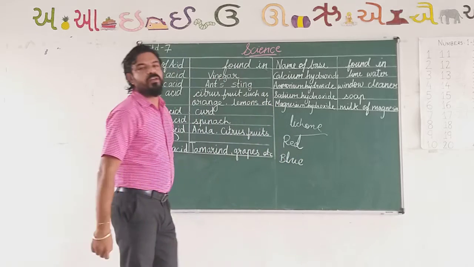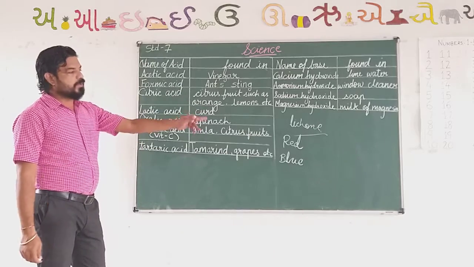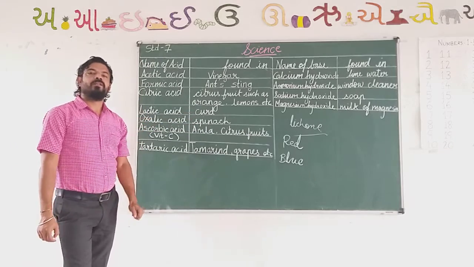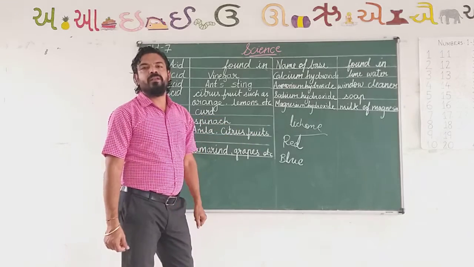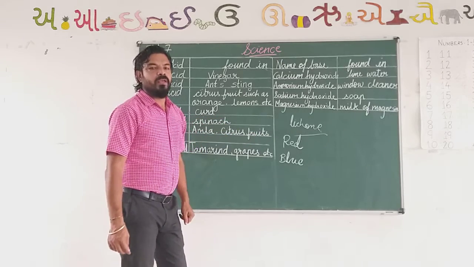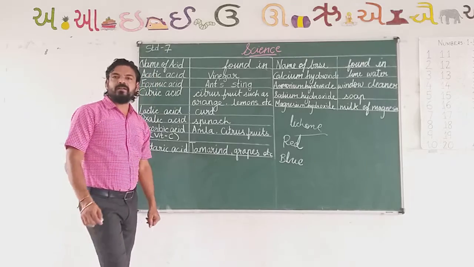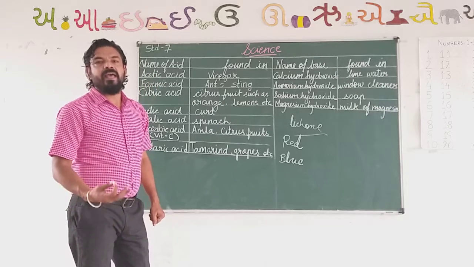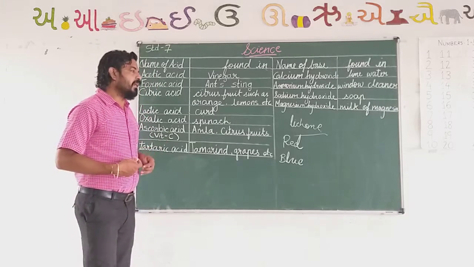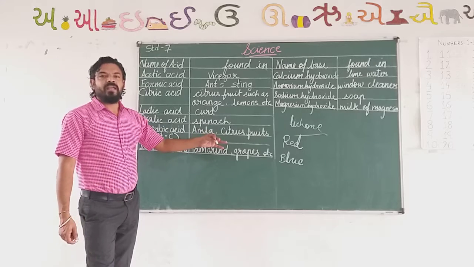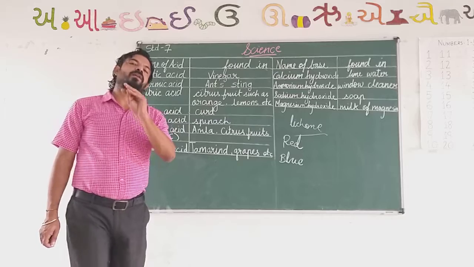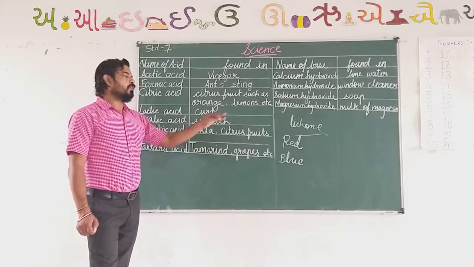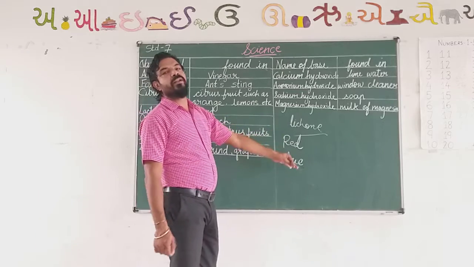With the help of this litmus paper, what can you understand? If the blue litmus paper turns red, that means it is an acid. The acidic environment can be known with the help of litmus paper. So this is the easiest way to identify.